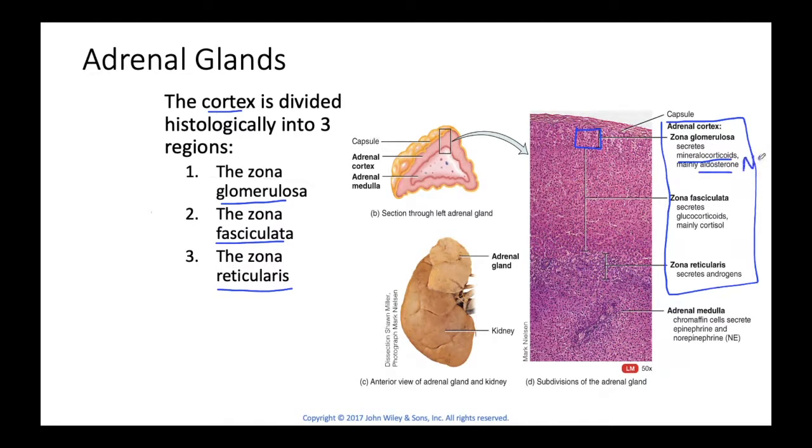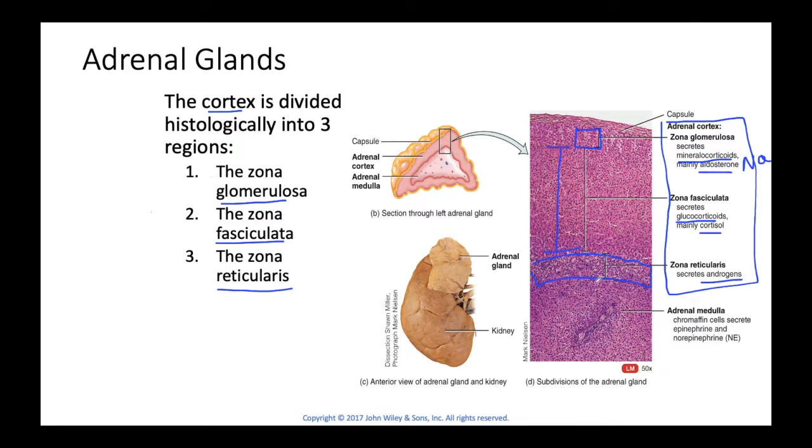You should be thinking sodium with that, sodium retention. This thick portion here, from here to here, is the fasciculata, and that's going to deal with the glucocorticoid, mainly cortisol. And then the deeper portion, from here to here, that layer is the zona reticularis, and that's going to make androgens, sex hormones like testosterone.